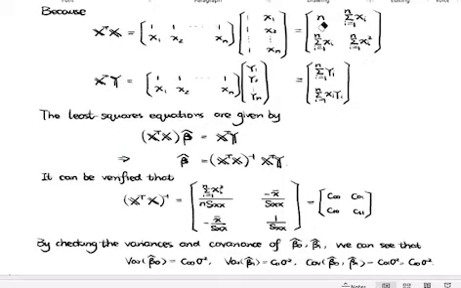If I have this guy now, and I want to find the inverse, okay? Now, what I'm going to do is I'm going to interchange this. I'm going to exchange the elements on the main diagonal. N is going to come here, summation X squared is going to come here, okay? And the other guys are going to be multiplied by -1.